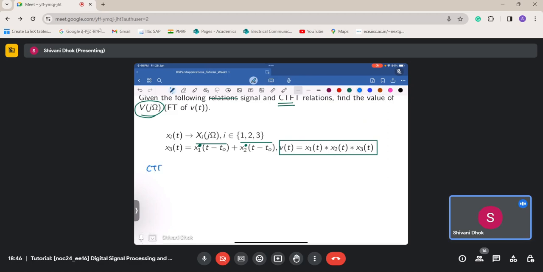If I have a continuous time signal x(t), then its continuous time Fourier transform X of j omega is the integral over t, from minus infinity to infinity, of x(t) times e to the power minus j omega t dt, where omega is the angular frequency.